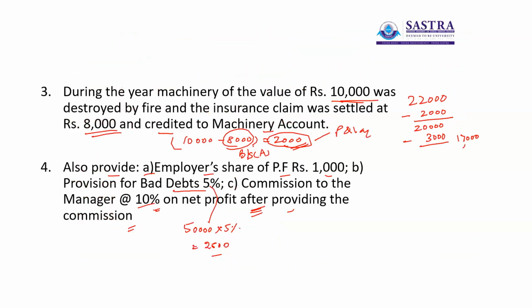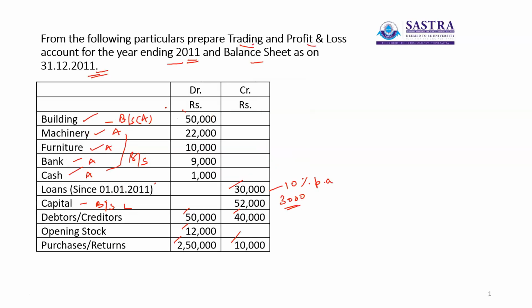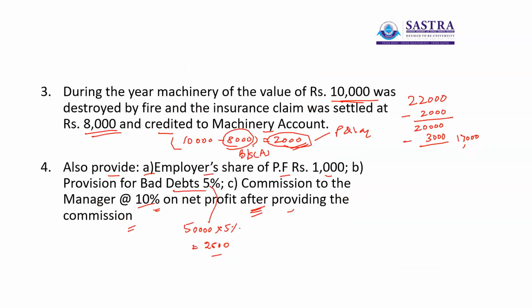So when we go back to the trial balance, find out values of items to be shown on the balance sheet. First we'll start with assets. So you have building 50,000.